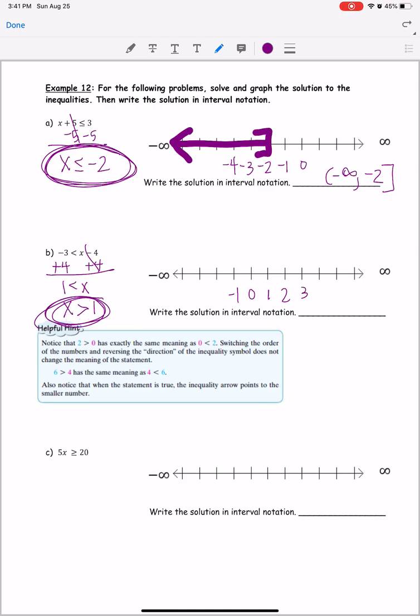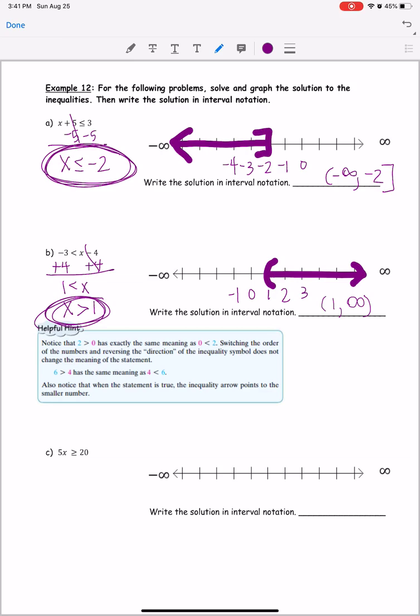So it's really important for you to flip that so you know which way to shade. So we've got 1 going this way, and because you have no bar under that, it means it's a parenthesis. And so in interval notation, it's starting at 1, comma, it's going to the positive infinity side, and infinity has parentheses.